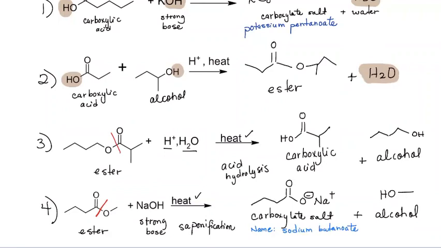What is the name of the alcohol? A CH3 bonded to OH. What is the name of that alcohol? Remember, that line means CH3. A CH3 bonded to OH.